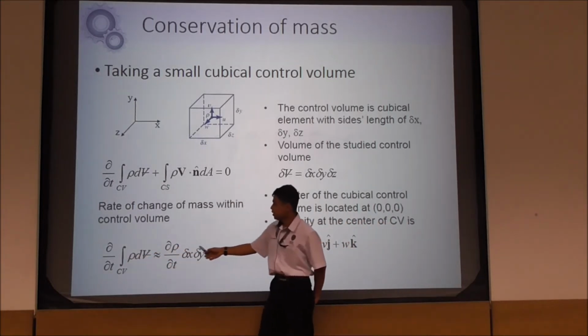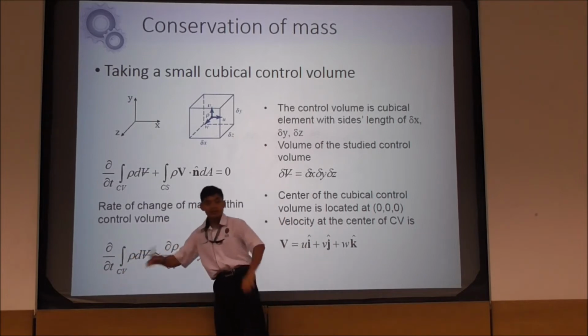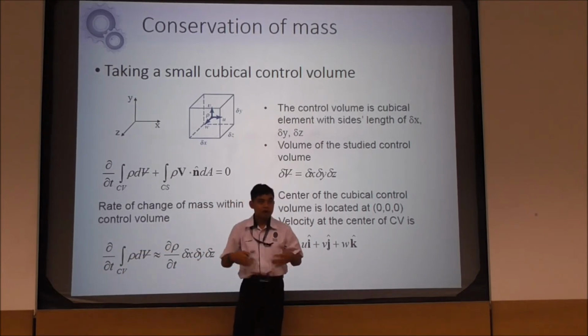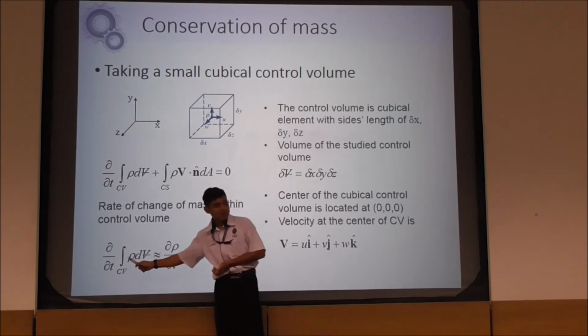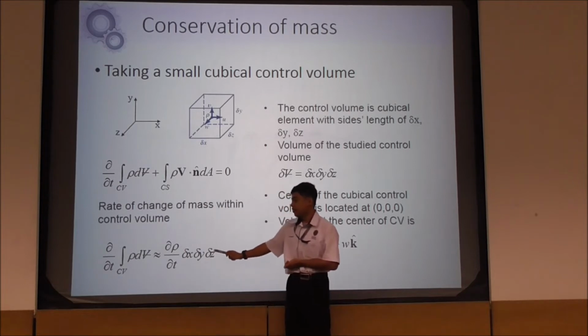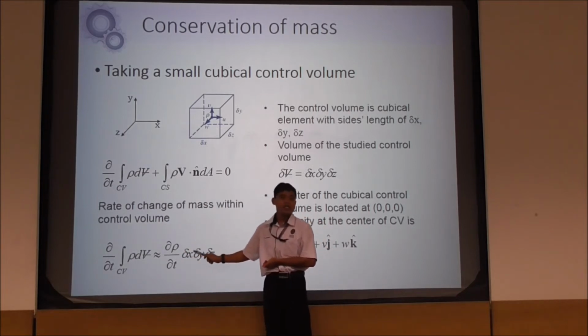You integrate it. You integrate this in the whole control volume. Why do we integrate? Because rho at any position can be different. Good. Very good. Okay, that's why you end up having d rho dt, dx, dy, dz.